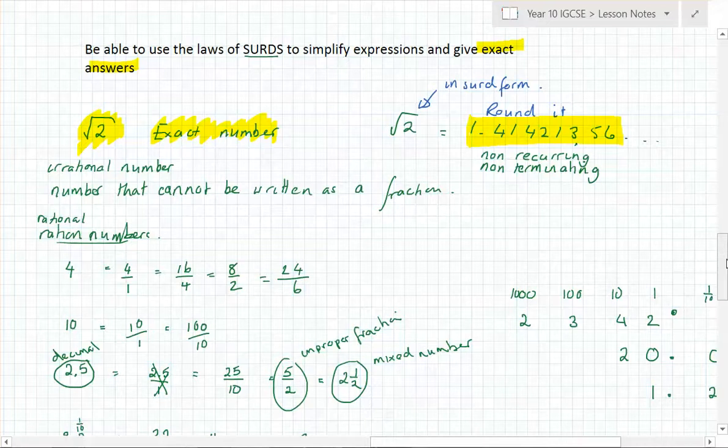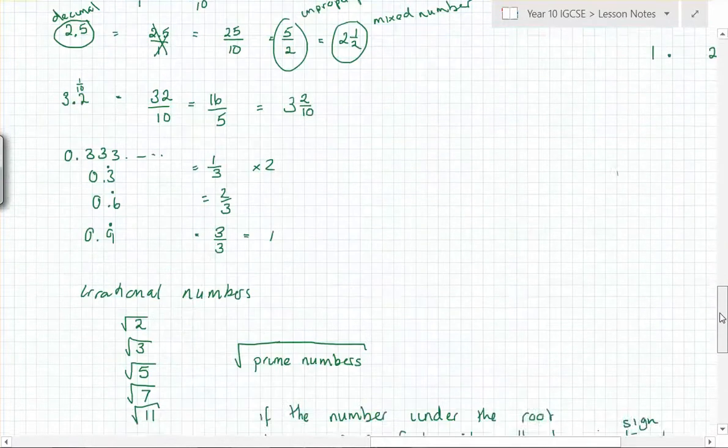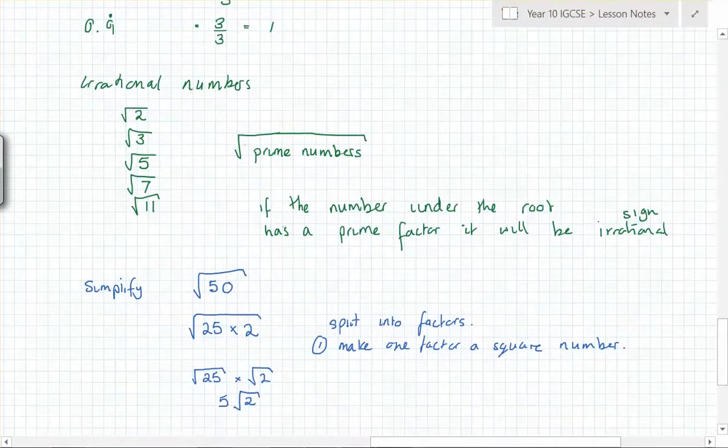And then we started working out why. It's because of this situation here. We said prime numbers, that's what causes the problem. But we look at a number like 50. Now, 50 is not a prime number, is it? Not a prime number at all. But it's got a prime factor. The prime factor is 2.